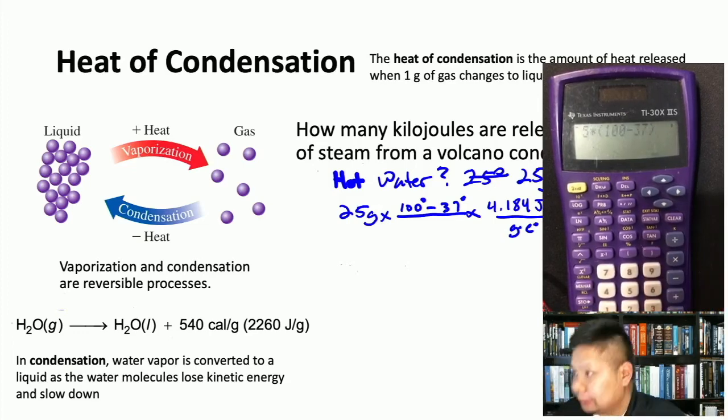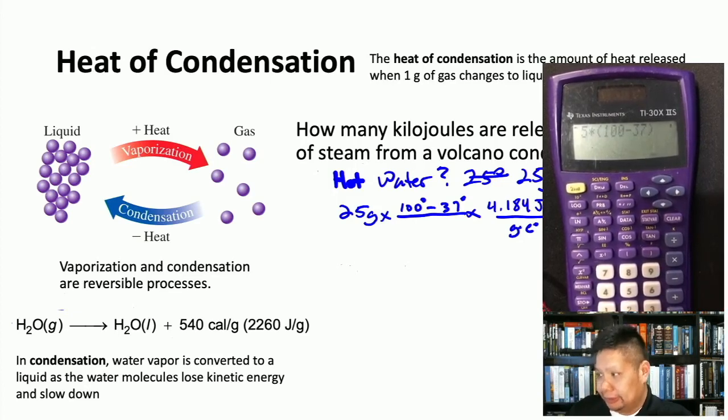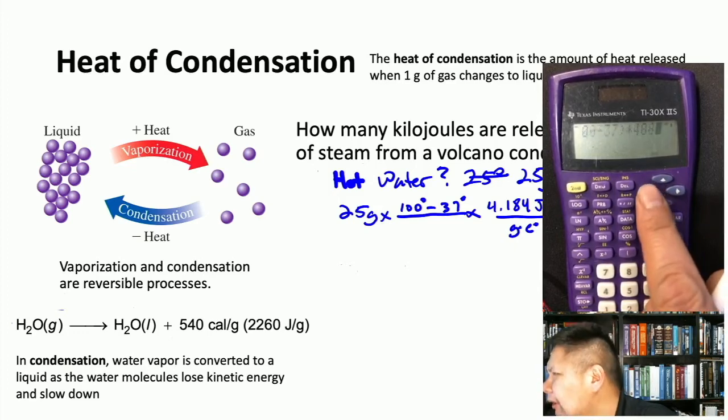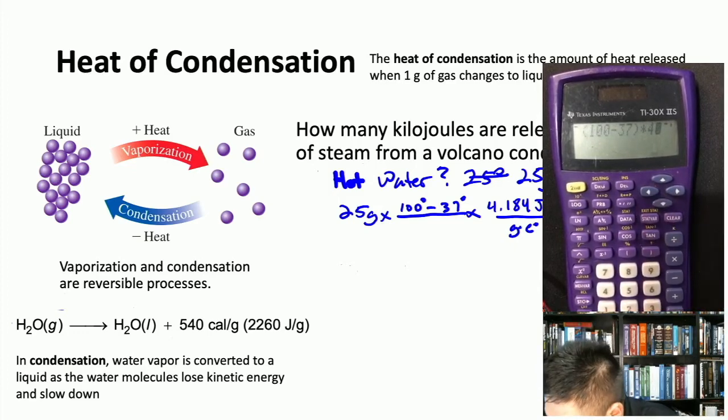That's a change in temperature, boiling water cooling down and losing heat to my body temperature, times the specific heat of water, 4.184. I messed up, I think. There it goes. There we go.